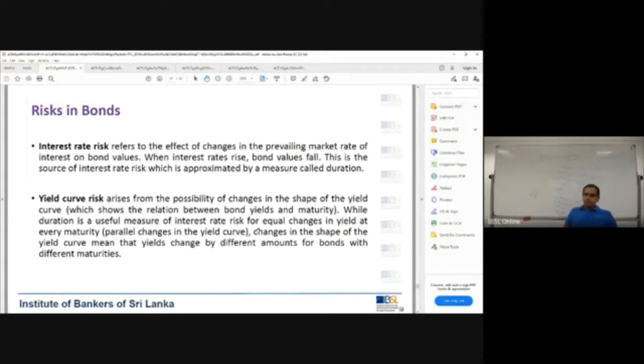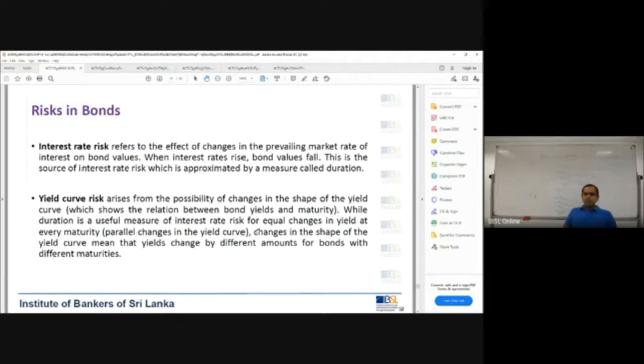Okay, so let's go through these risks. Interest rate risk. Now, let's say you have purchased a 30-year bond at a rate of 10%, and all of a sudden interest rates go up. Right? So if that is the case, you will lose. There is an opportunity cost.